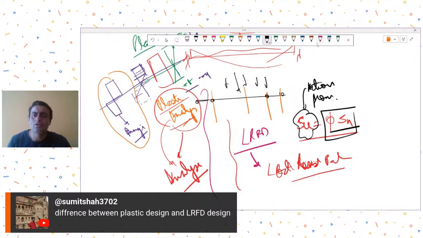In strength, we reduce it by a strength reduction factor, or partial safety factor for material, and we increase the analysis forces by partial safety factor for load combinations.